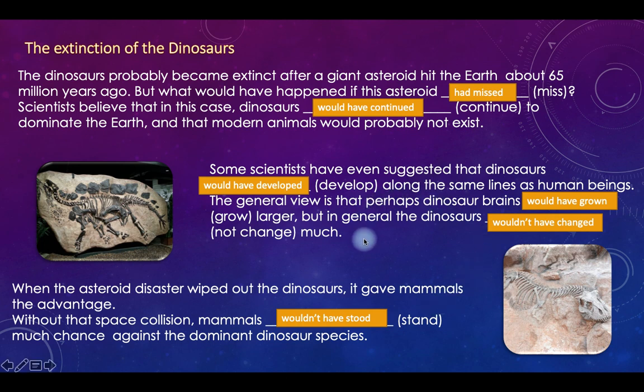So we used the third conditional here because it's unreal past, an imaginary situation in the past, because we know that dinosaurs are extinct now, and they became extinct. Yeah, we know that. And you can see the fossils here which prove this fact. So that's why we used the third conditional in this text.